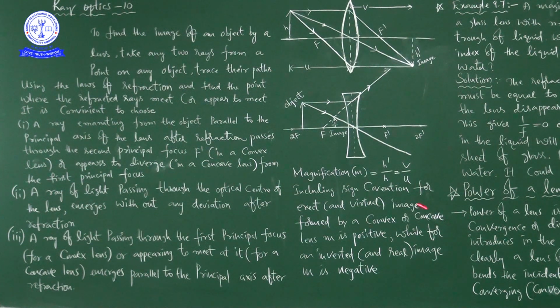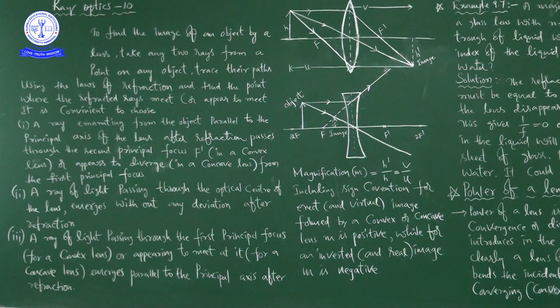Okay, right. See here. First we are going to discuss the rules to be followed and the important points we must keep in mind while drawing the ray diagrams for convex lens as well as concave lens.